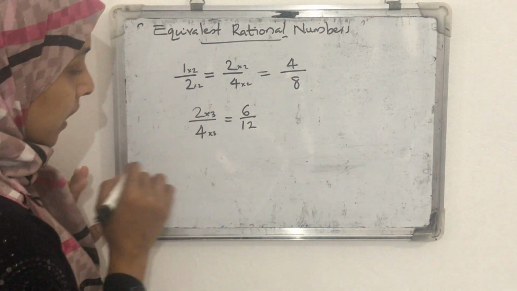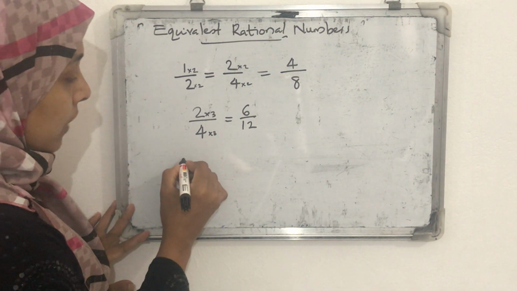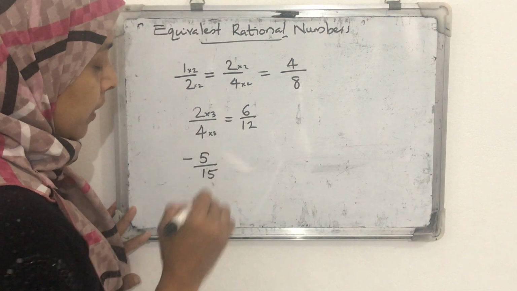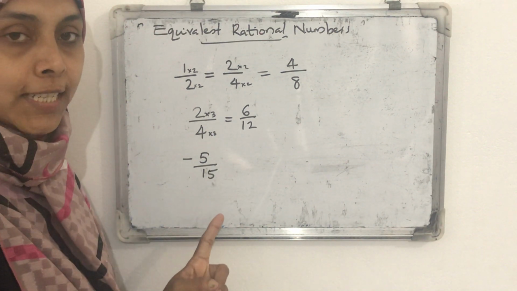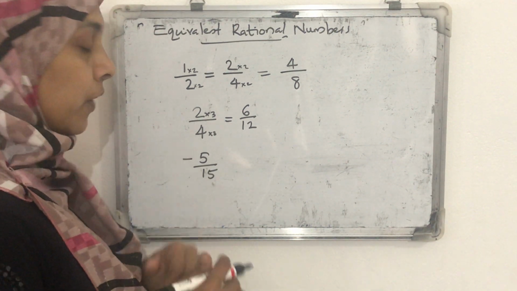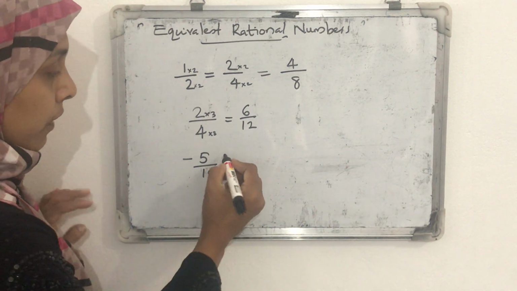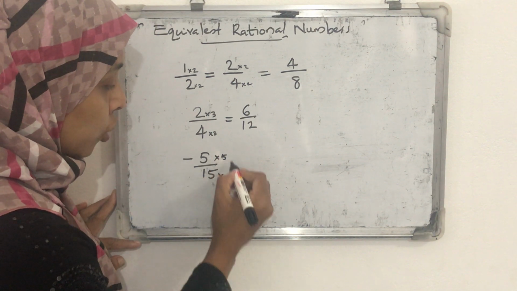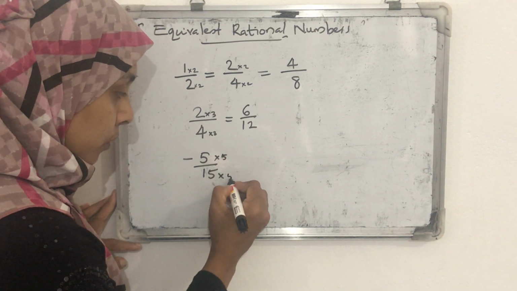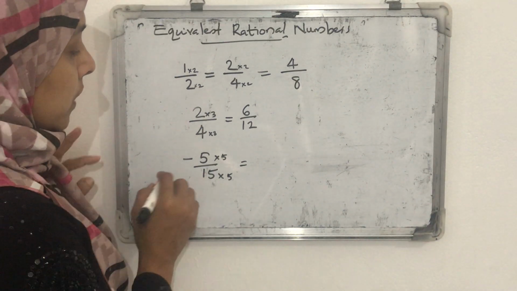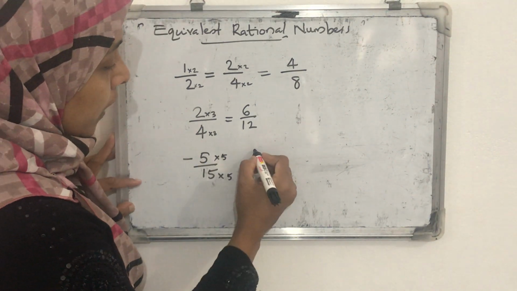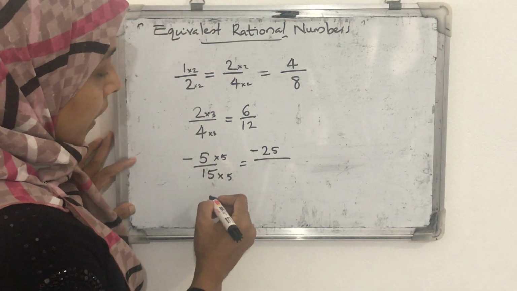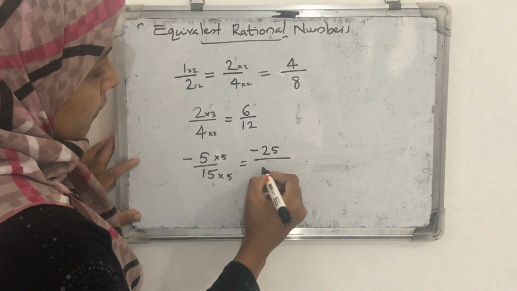It is the same if we take a negative rational, minus 5 by 15. How can we find an equivalent rational for minus 5 by 15? Here we multiply by any number. I multiplied both with 5, or you can multiply with any number. Minus 5 into 5 we get minus 25, and 15 into 5 we get 75.